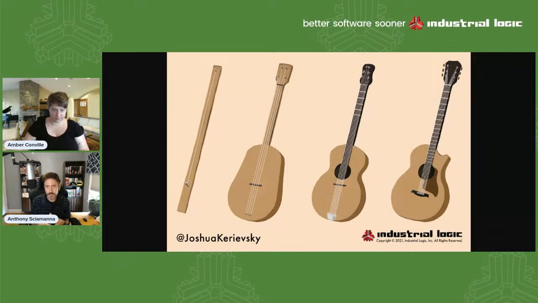So we're not going to build and design and have the architecture to support, right, building the body of the guitar and the neck of the guitar and the fretboard, and then after that building the headstock and the tuning pegs, and then piecing it all together at the end.